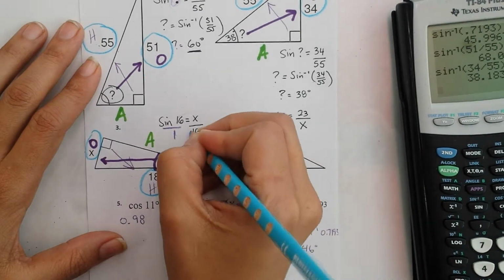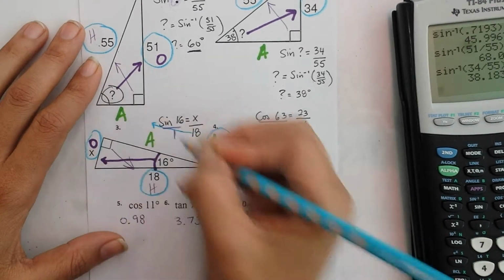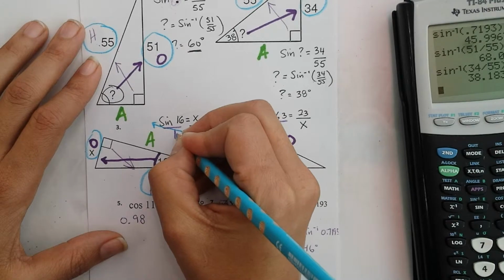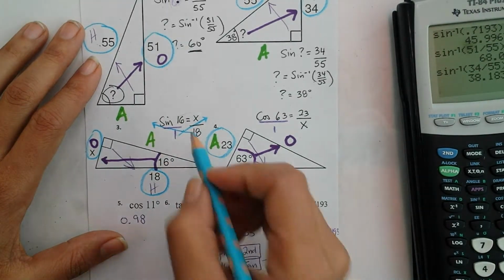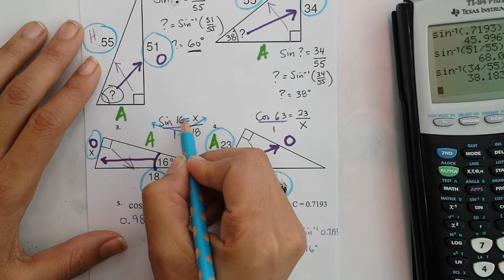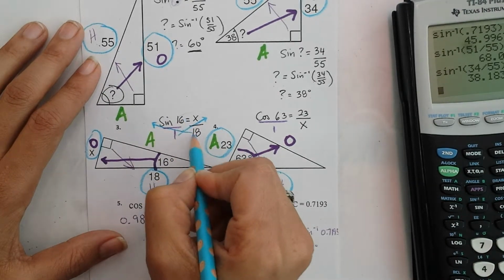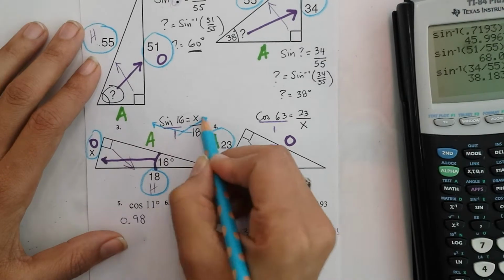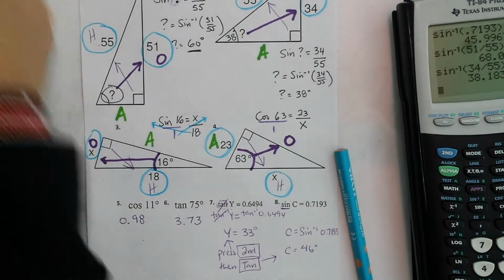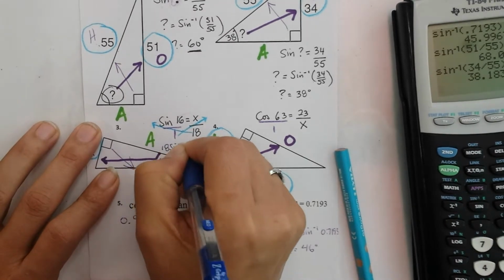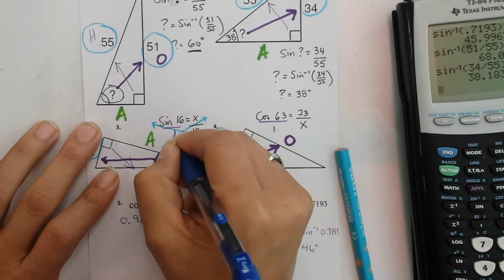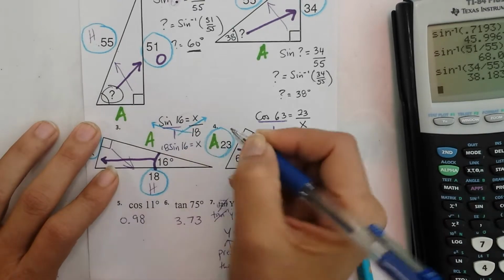When you cross multiply, I want you to put this number all the way at the front here. So when you cross multiply, put this number all the way on each end. So you're going to put 18 all the way at the end. Don't put it by the 16 because then you'll get confused. So put it all the way on the end. All right, so now it's going to look like 18 sine 16 equals x times 1, which is x.